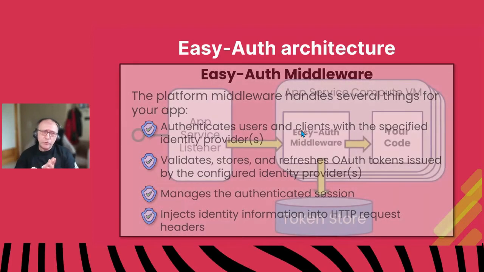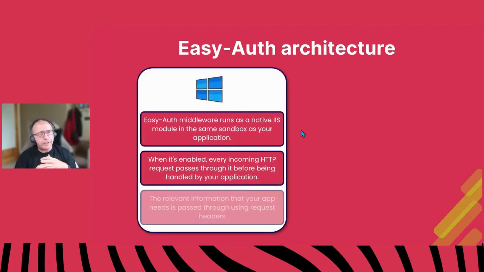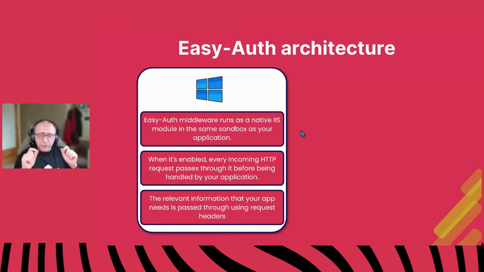Before we go to the demos and to the way this middleware implements the injection of the security information, there is a difference if you work on an app service plan based on Windows or on an app service plan based on Linux and container. Because just to be clear, you can use this feature also for containers. So it's not mandatory that you deploy your code in, I don't know, Java or Node.js.